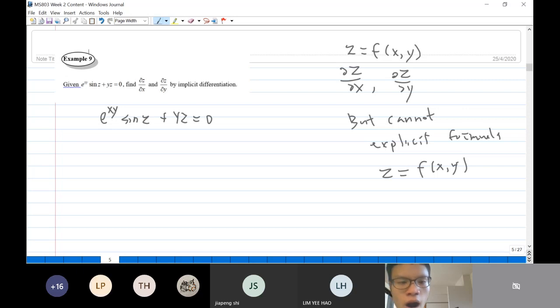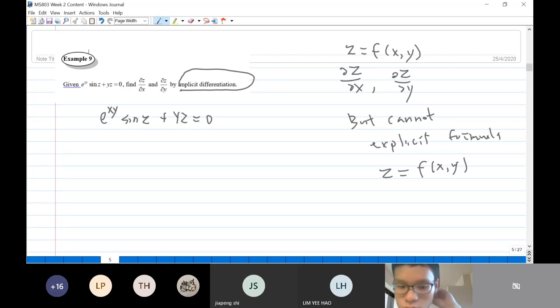You have sin z, so how do you make z the subject? You try to rearrange so that z alone appears on one side only, but you find that it cannot be done. Therefore, you can only do the differentiation implicitly now.